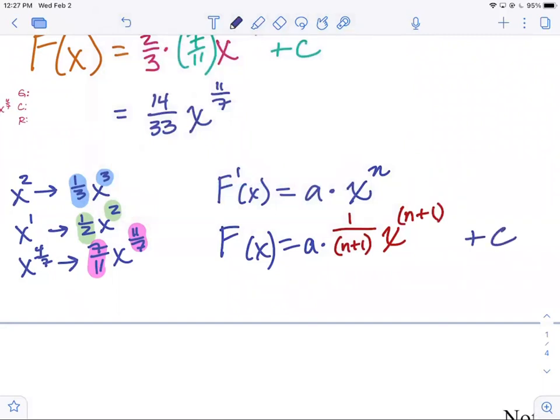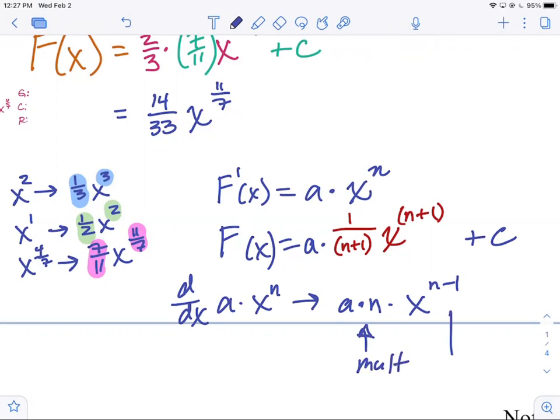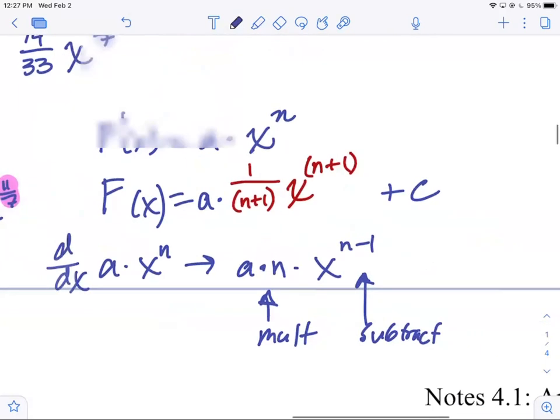All right. So remember when we took the derivative, we multiplied and then subtracted. Yes. Let's review the derivative. The derivative with respect to x of a x to the n was a times n, and then times x to the n minus first. So we multiplied and then we subtracted. Well, if an antiderivative is truly untaking the derivative, if you want to undo something, you know that you have to do the inverse operation in the reverse order, right?